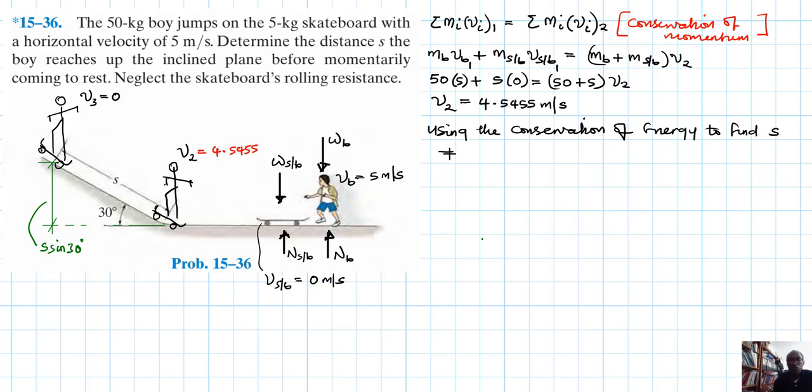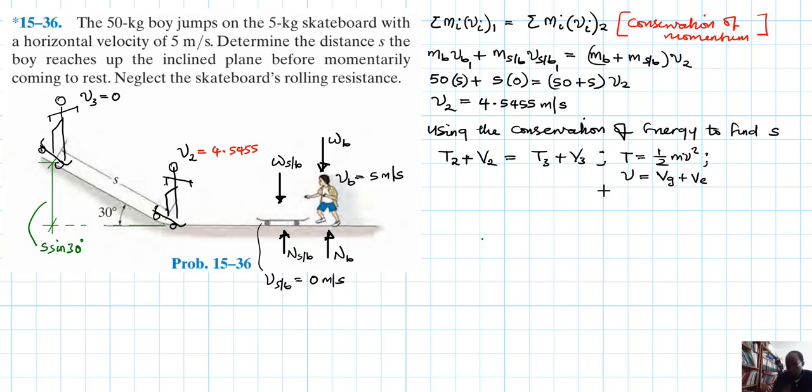We have T2 plus V2 equal to T3 plus V3, where T is the kinetic energy and V is equal to Vg plus Ve.